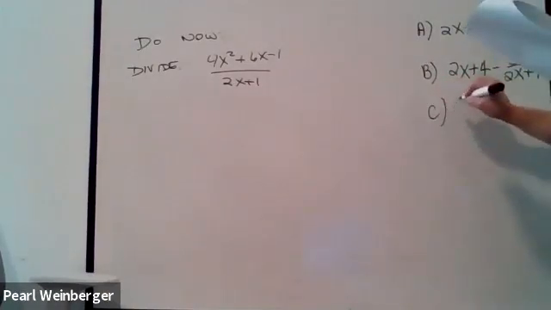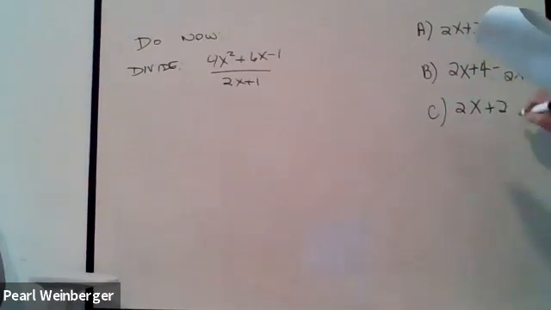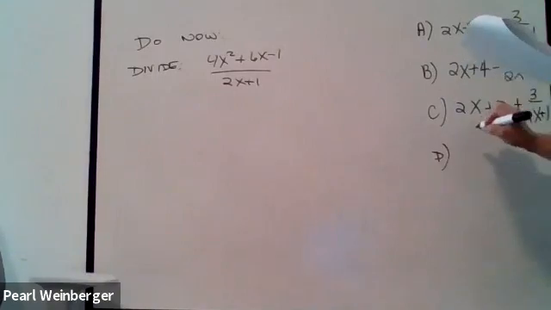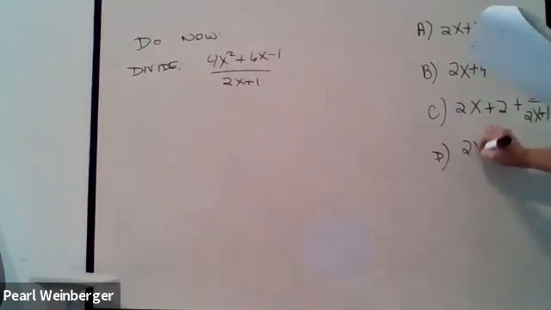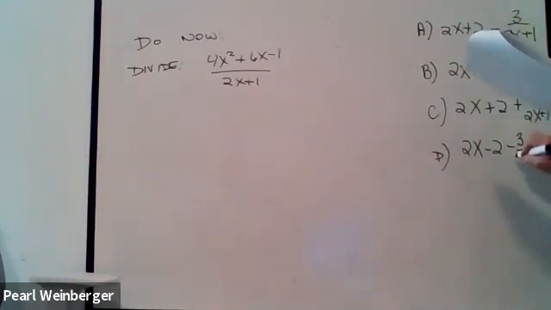Choice C, 2x plus 2 plus 3 over 2x plus 1. And choice D is 2x minus 2 minus 3 over 2x plus 1.